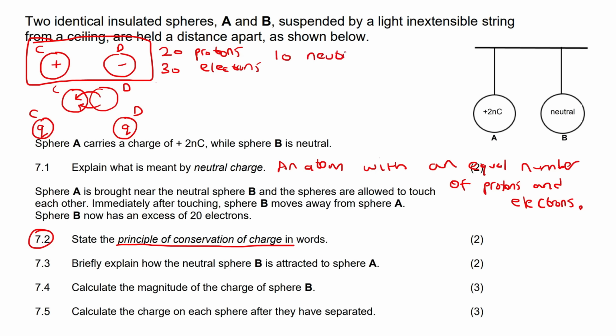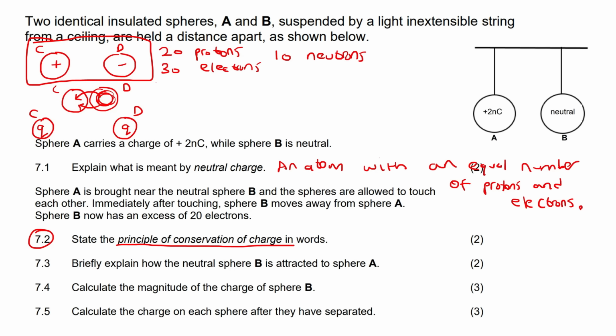I'm just making up some random numbers now. If you were to then draw that big box around this one, these numbers would be exactly the same. And if you drew a big box around this one, those numbers would be exactly the same. All that's happening is that electrons are just going to move from this one to this one. But the total amount of everything stays exactly the same.